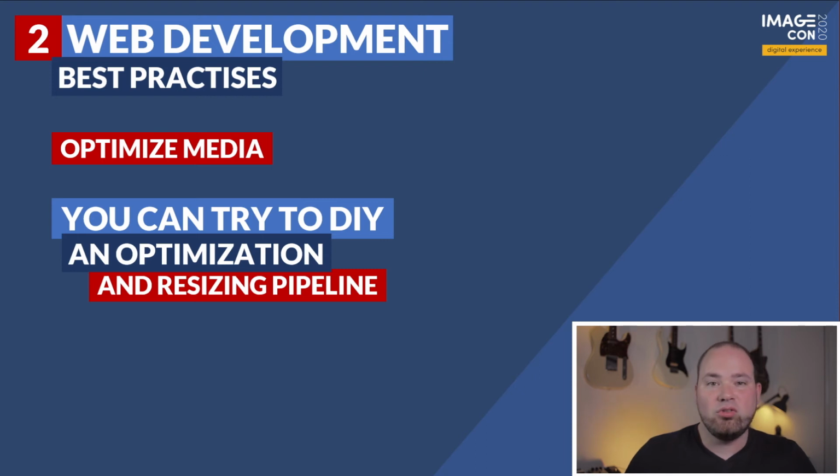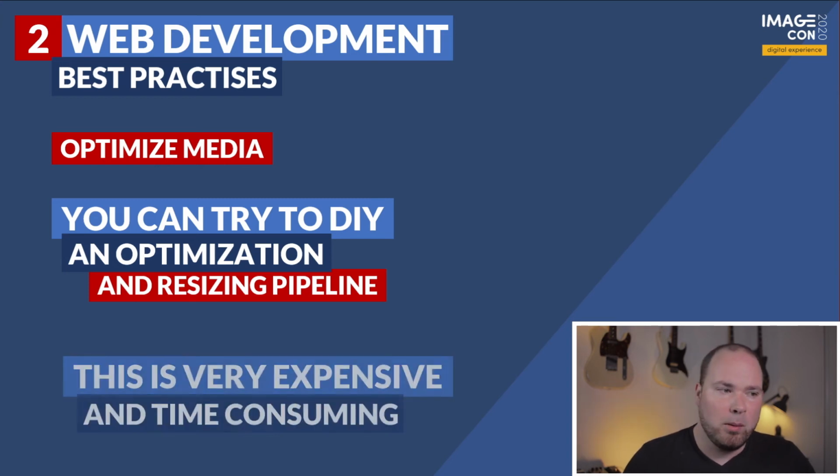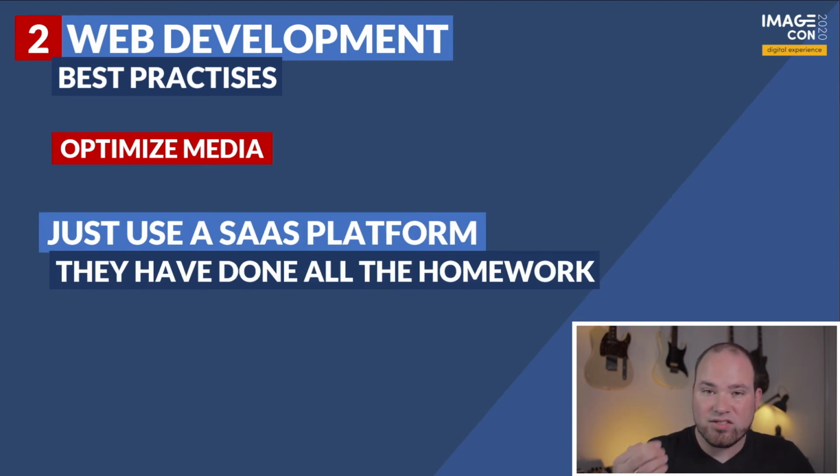So you can try to DIY your own optimization pipeline that also resizes images and stuff like that. I've seen a lot of companies do this, but it's very expensive, it's time consuming, and you're always kind of behind because you have SaaS platforms like Cloudinary or TwicPics or Imgix, and there's a bunch more that actually have done all that homework already.